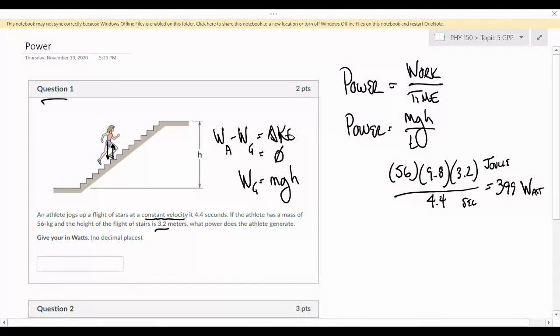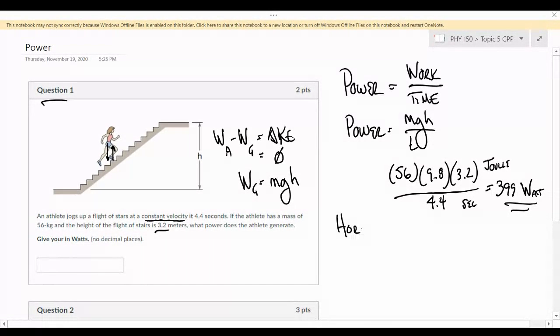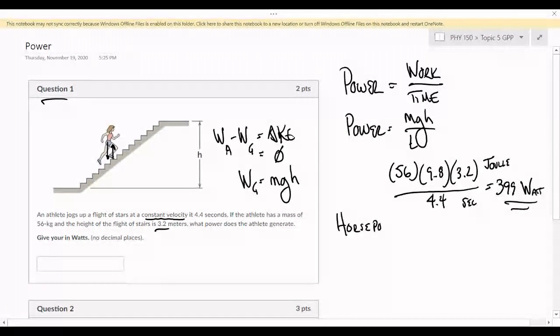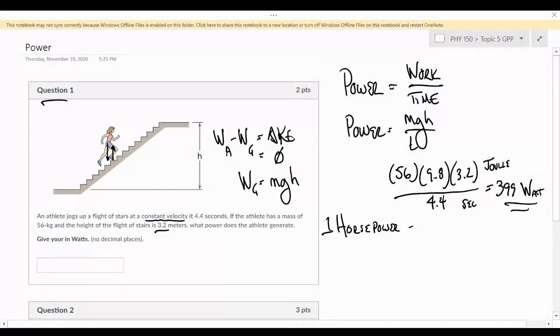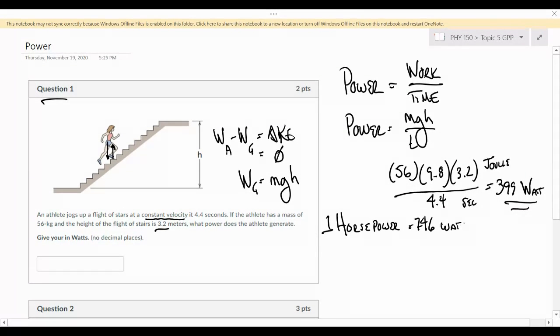So pretty straightforward. Now, one thing some athletes want to do is figure out, and we'll need this in our next problem, we use watts. It's a pretty common unit of power, although another one is the horsepower, especially for cars, motorcycles, etc. And 1 horsepower is about 746 watts.